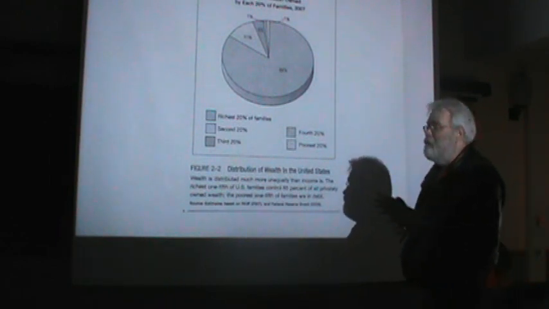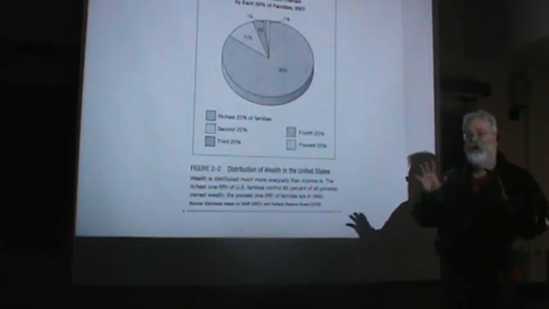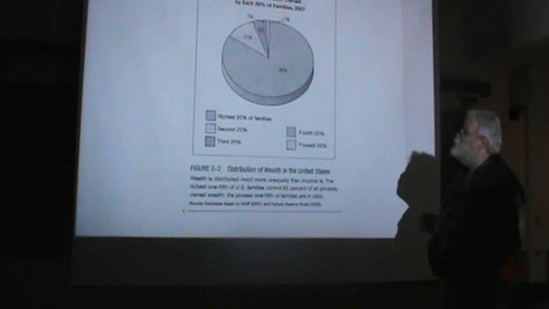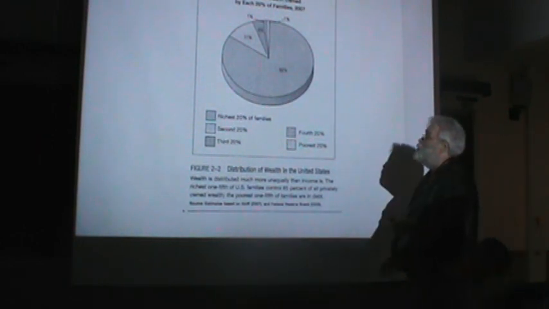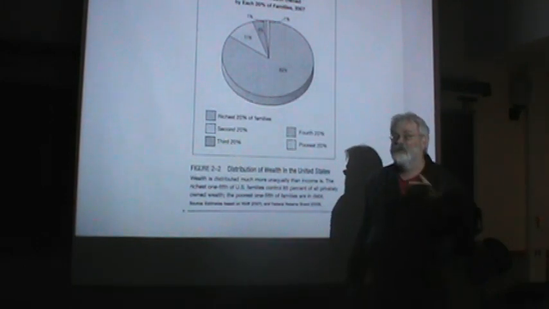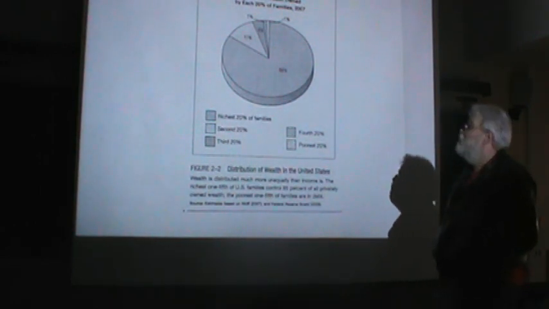Now, if income is distributed very unequally in the United States, wealth is distributed far more unequally than income. Here again, we're looking at the share of all wealth owned by each 20% of families in 2007. The richest 20% of all families owned a massive 85% of all wealth. The second 20%, 11%.